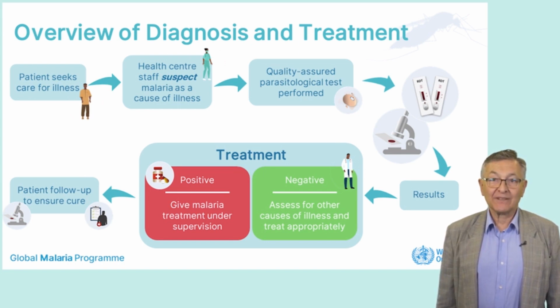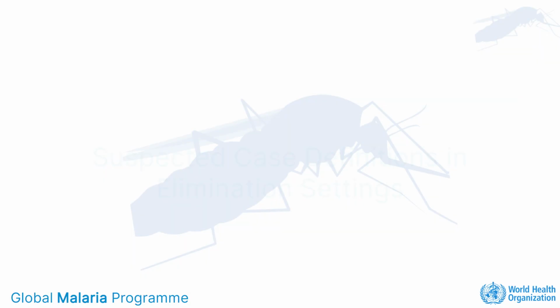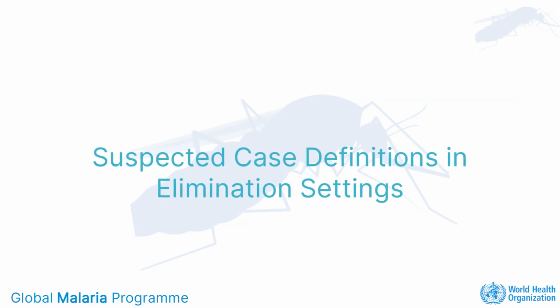At this follow-up visit, the health workers must assess whether the patient has been fully cured of their malaria infection through microscopy. One of the most critical steps in elimination is for the health system to recognize a patient who might have malaria. As recognizing a suspected malaria case is not straightforward, we'll spend a few minutes reviewing the process.